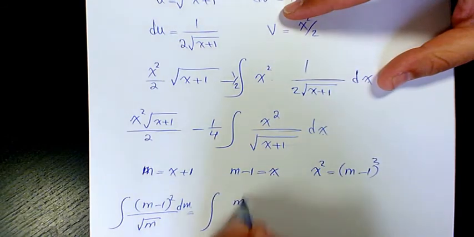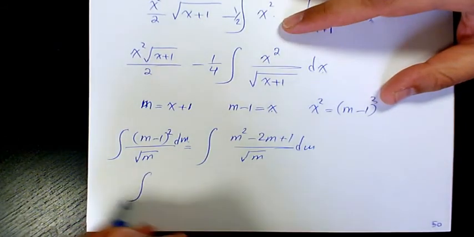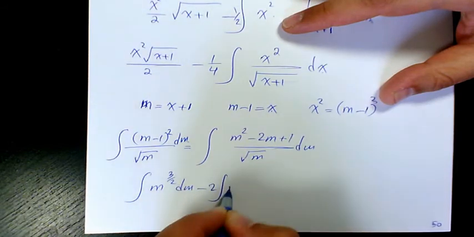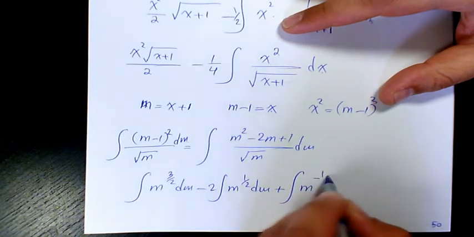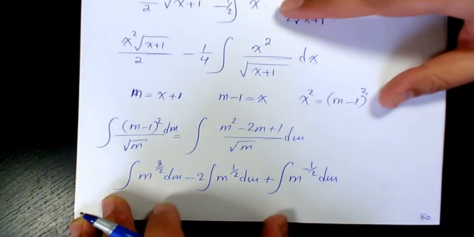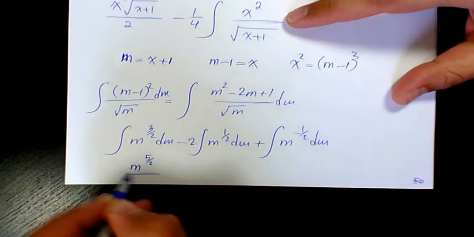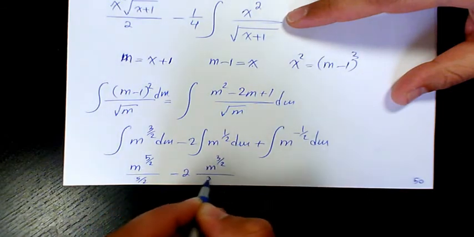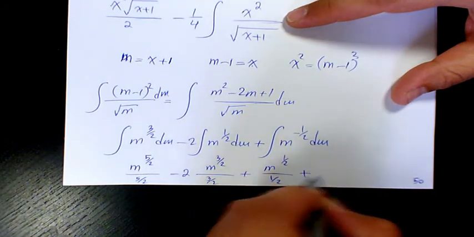So that's m squared minus 2m plus 1 over root m dm. So that's going to be m to the power of 3 over 2 dm minus 2 m to the power of 1 over 2 dm plus m to the power of negative 1 over 2 dm. That's going to be m to the power of 5 over 2 divided by 5 over 2, minus 2 m to the power of 3 over 2 divided by 3 over 2, plus m to the power of 1 over 2 divided by 1 over 2, plus c.